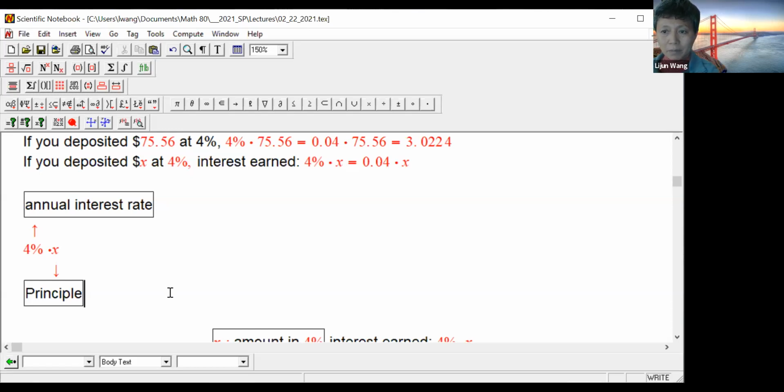Do you follow me? So this number has a meaning, and this other number has a meaning. But when you multiply these two numbers, it will acquire a new meaning. What is the new meaning? It's called interest. Interest amount.